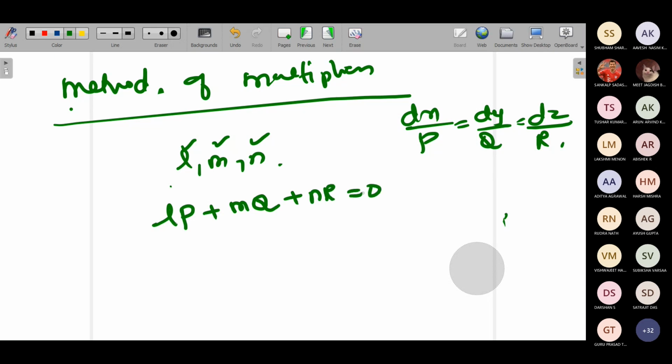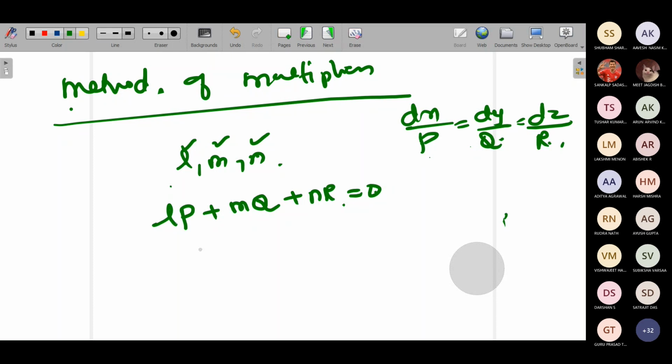The totality of these multipliers along with P, Q and R should be equal to 0. Then only your multipliers are correct.